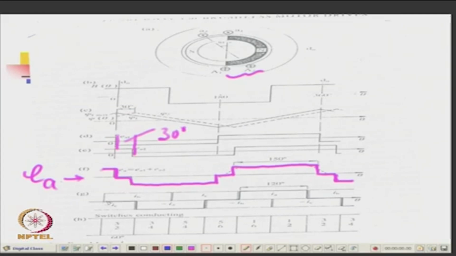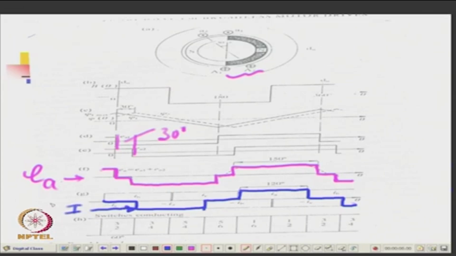Okay. So, it is fed like this IA. This is the current, so that they are in the same, this is the peak current, this is the value I.